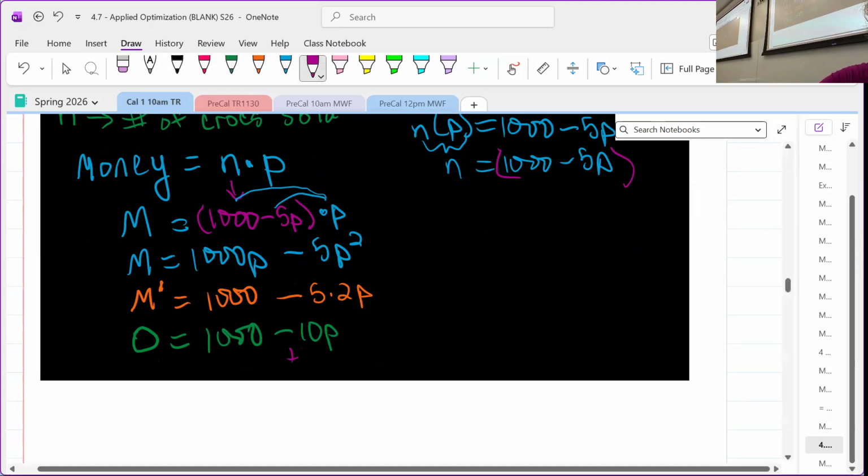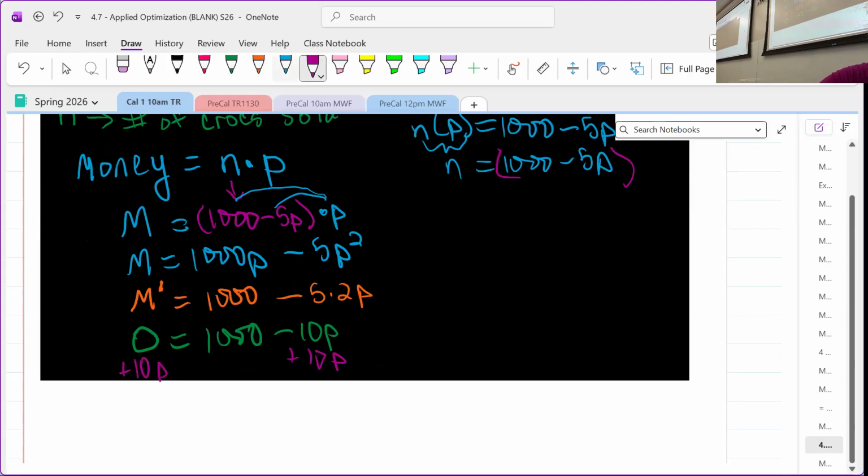So I'll add the 10P. Equals 1000, and then I divide by 10. So I get P equals 100.